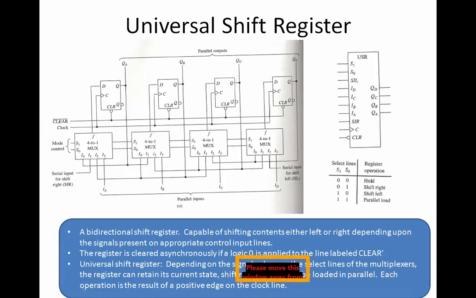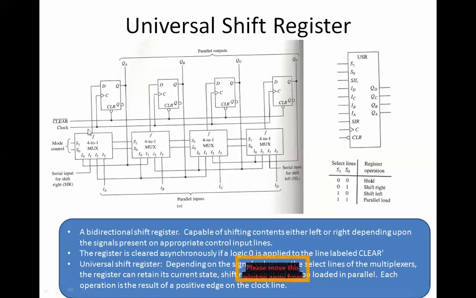I can select which line is going to my output. I have multiple inputs here, and based on my select lines S1 and S0, I select which input appears at the output side.